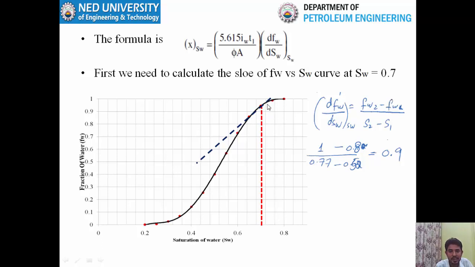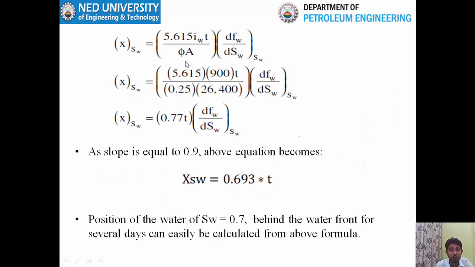We need to draw a tangent at 0.7, and from that tangent we estimate its slope, simply by selecting 2 points on this line, and y2 minus y1 divided by x2 minus x1, and the slope turns out to be 0.9. So now we have the slope at 0.7, and through the equation we can calculate its position.